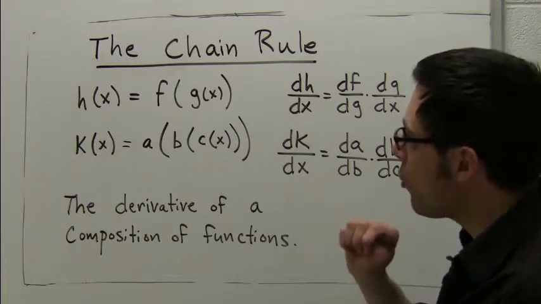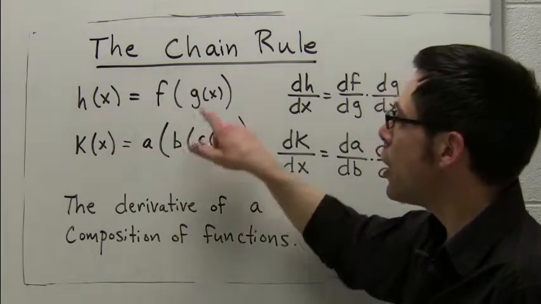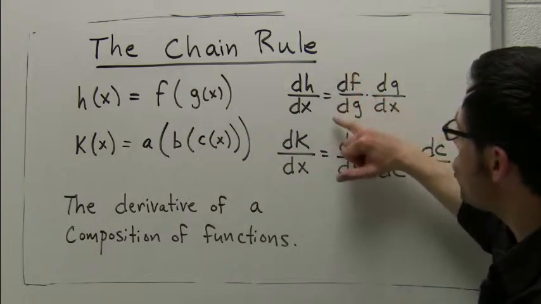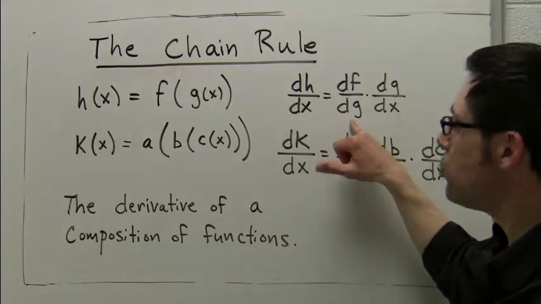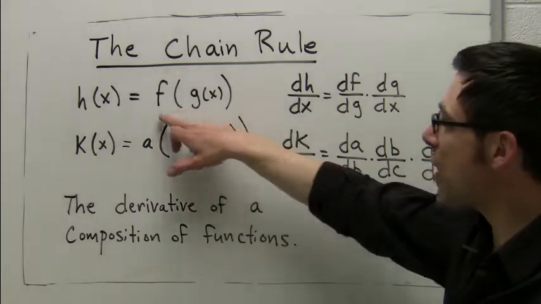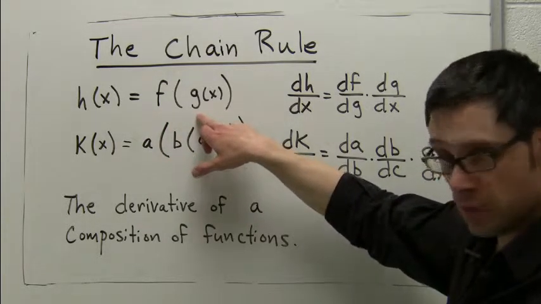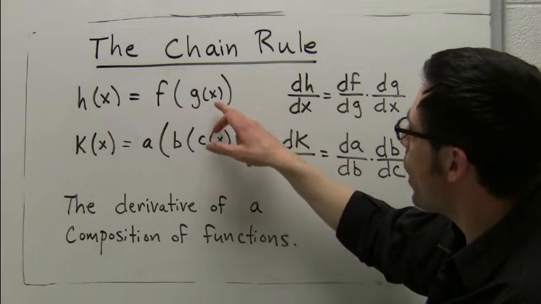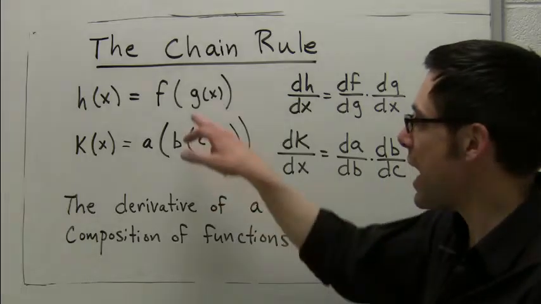If I want to know the rate of change of the function h with respect to g's input, I have to find the rate of change of f, the outside part of this function, with respect to g. G is f's input. So I have to go from f to f's input, which is g, and multiply that by the way that g changes with respect to its input, which is x.